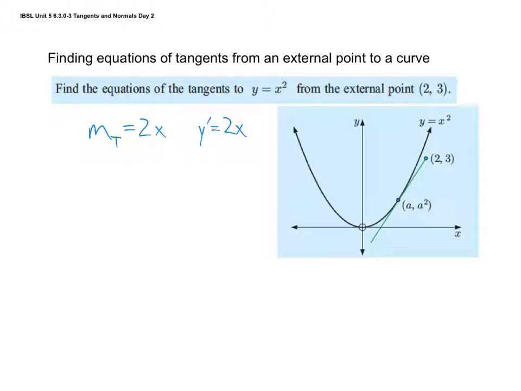So here we're finding the slope with y prime. Oh wait, sorry, I said a and I wrote x. Now, how else can we find the slope?